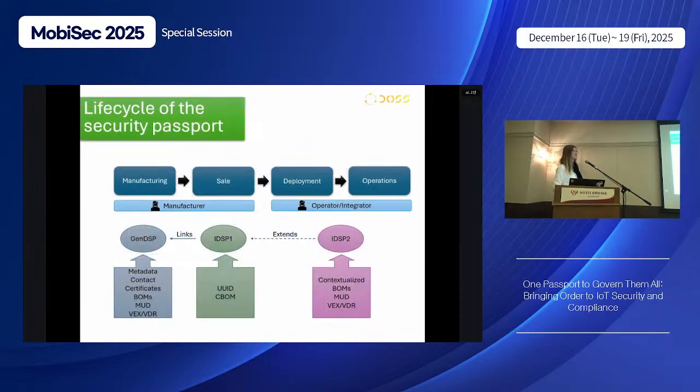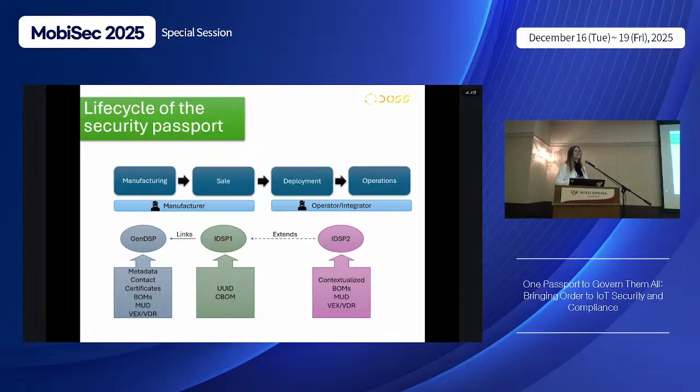The manufacturer doesn't know where the device will operate, doesn't know information about the operational context. So the information that can put here is information that is valid for any kind of device of a particular model. So, for example, for a Raspberry Pi. So the manufacturer can include some metadata, contact, certificates that has this device, bill of materials, MUD, information about vulnerabilities.